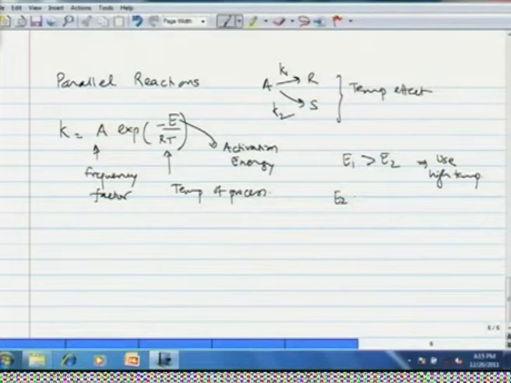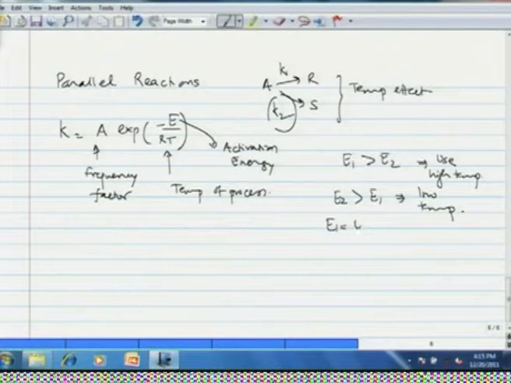However, if E2 is greater than E1, the reverse, we prefer low temperature, so that the rate constant of the undesired reaction is suppressed. In the case where E1 is equal to E2, temperature is no longer a variable, because a shift of temperature to any value will modify the rate of both reactions to the same extent, so that the K1 by K2 ratio, the ratio of rate constants, remains the same. So, that point we have noted: if E1 equals E2, temperature is no longer a variable.